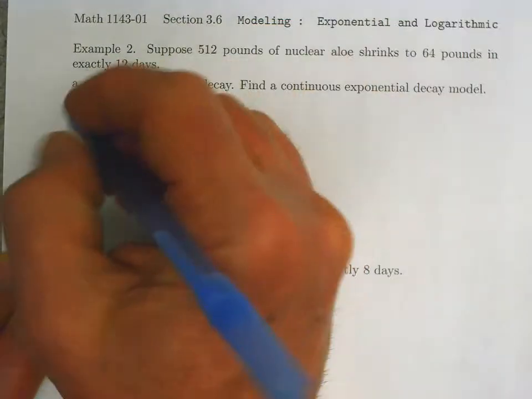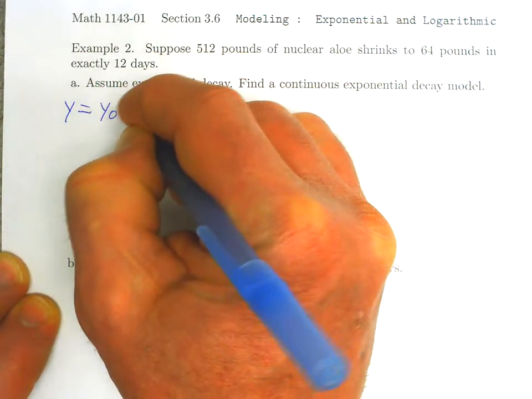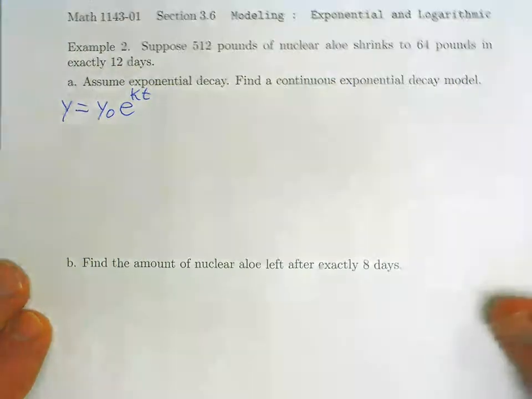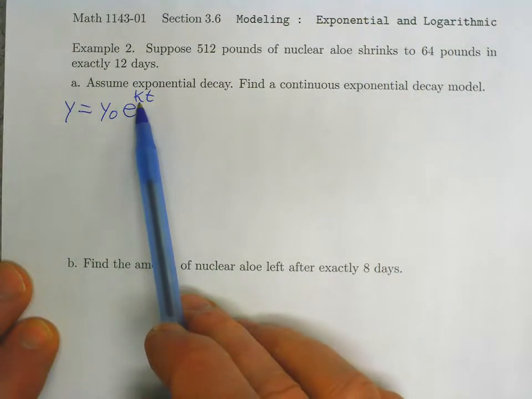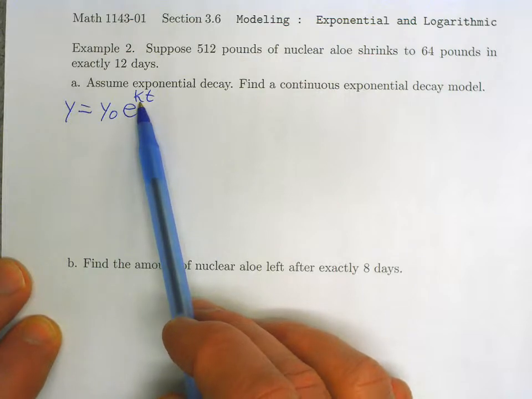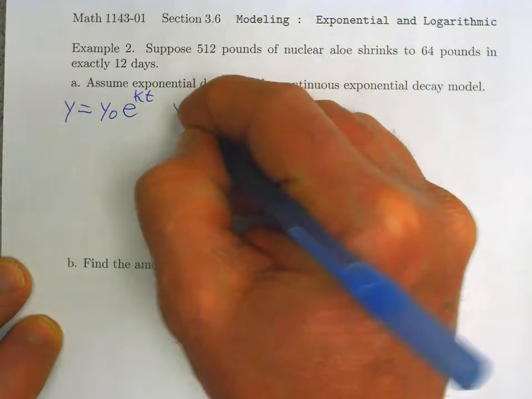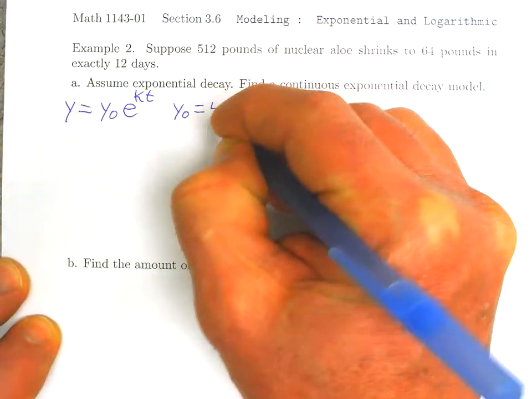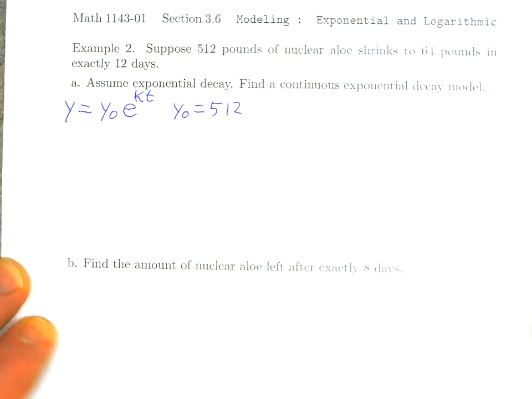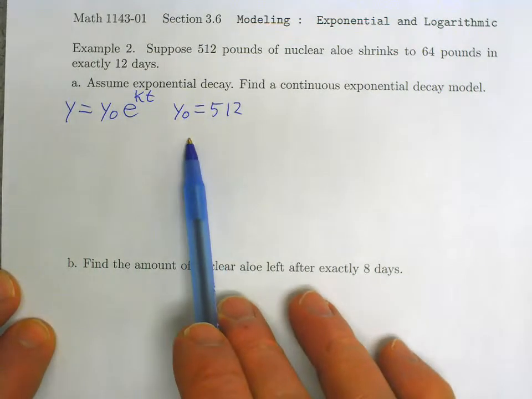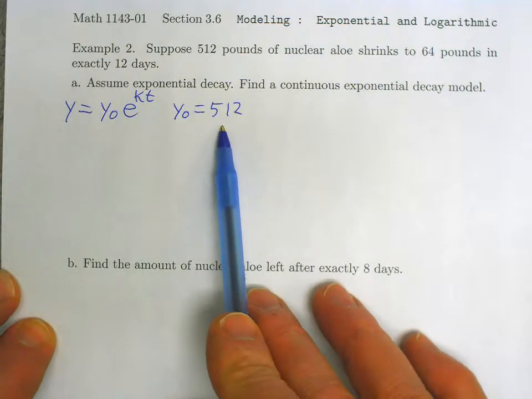Okay, so we start out by writing y equals y sub 0 times e to the kt. But we're expecting k to be negative since it's exponential decay. The initial quantity is given, y sub 0 equals 512. So in other words, when t equals 0 days, the quantity is 512.